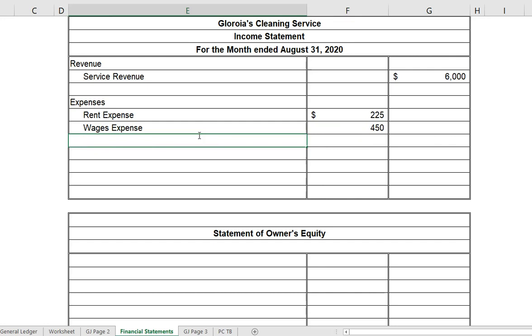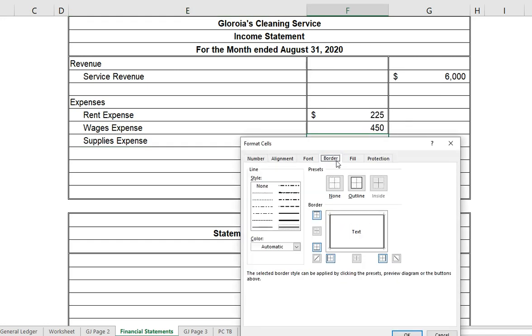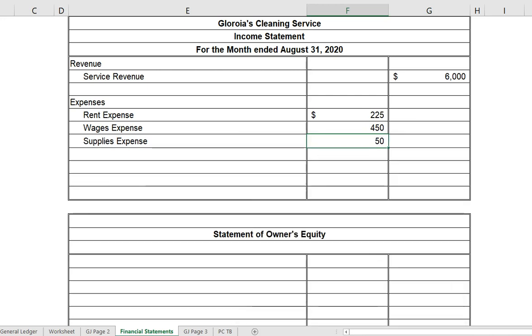And next is supplies, and that is $50. And we're going to give that a bold so that we know that's a subtotal there.